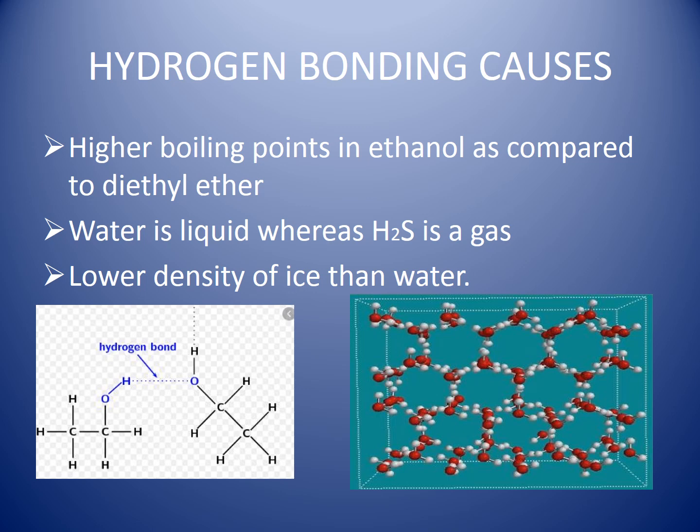Whereas in case of hydrogen sulfide H2S, the sulfur belongs to same group but has less electronegativity, which makes it a discrete molecule and it exists as a gas.